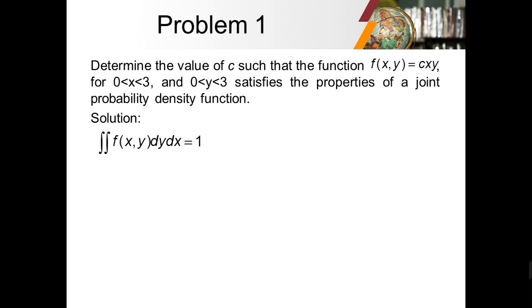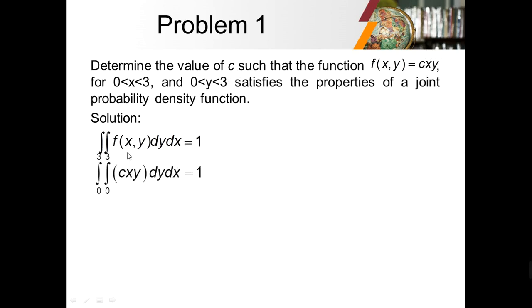No? Therefore, kung i-apply natin yan dito sa ating function, ang function daw natin ay cxy. So, para masatisfy niya yung property ng joint probability density function, dapat pag in-integrate natin itong function na cxy in terms of y and x, dapat mag-i-equal sa 1.